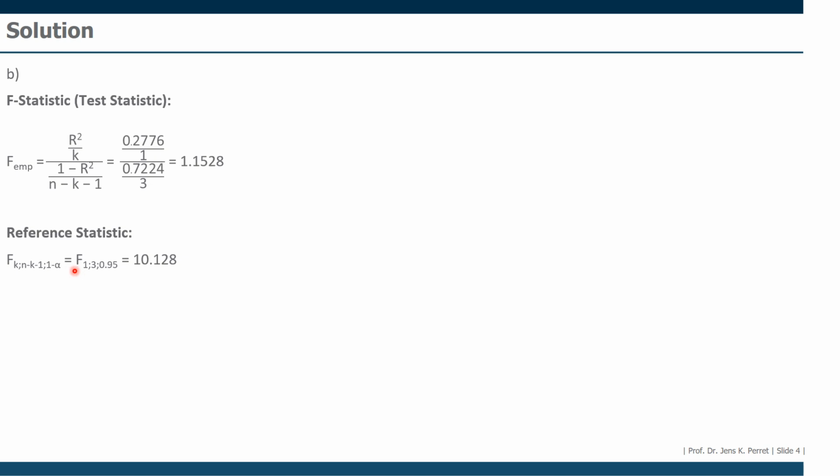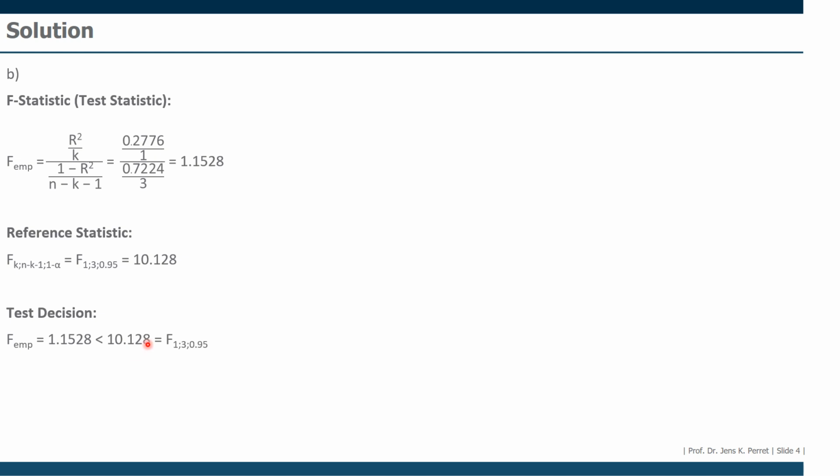If we look this value up in the table, we find a value of 10.128. We're going to compare this reference value to the test statistic, and we see that the test statistic is much smaller than the reference value. This means we have to retain H0, meaning our model does not have significant explanatory power.